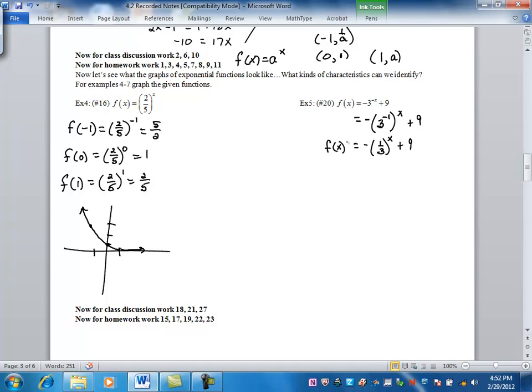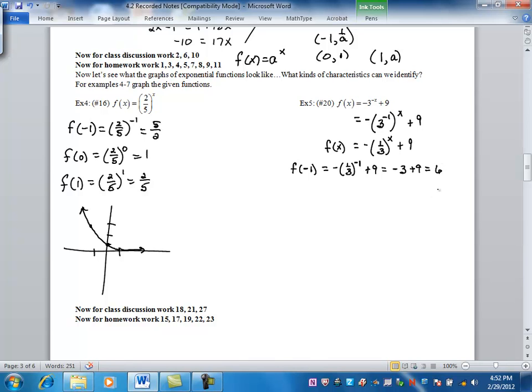And we can take these points that we just talked about a little bit ago. For instance, we can take f of negative 1. This is going to be the opposite of 1/3 to the negative 1, plus 9. Well, this is just going to be the opposite of 3 plus 9, which is going to be 6.